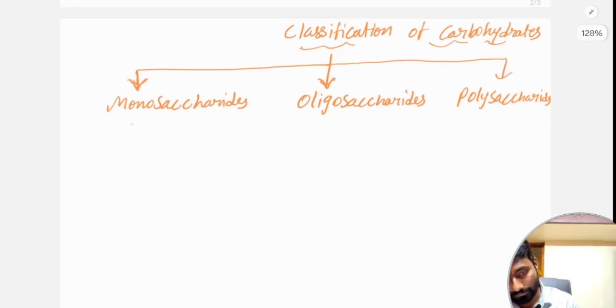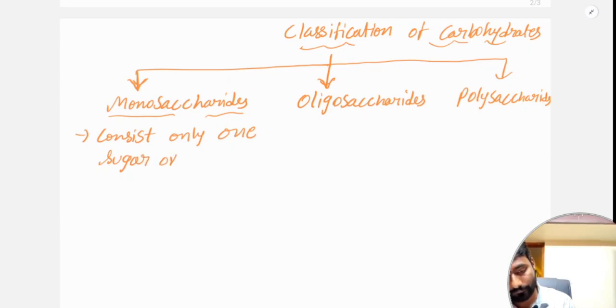Monosaccharides, as I told, consist of only one sugar or monomer unit.